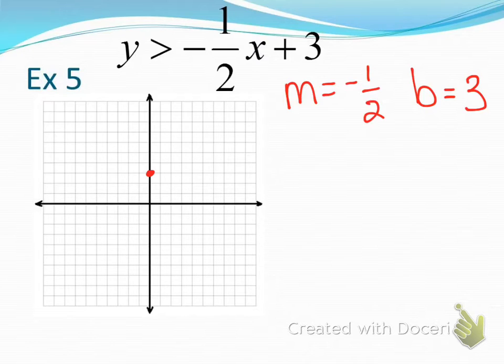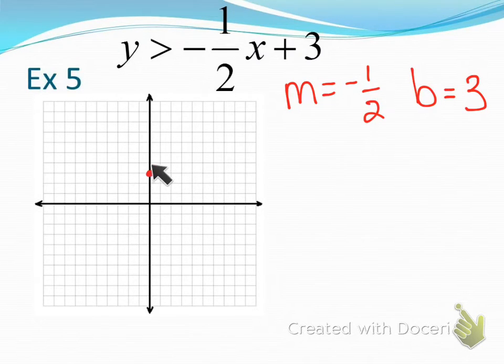Delaney, where do I go after that? Using our slope. Down 1 and then, if we go down, we already used up our negative, so we would have to go to the right.